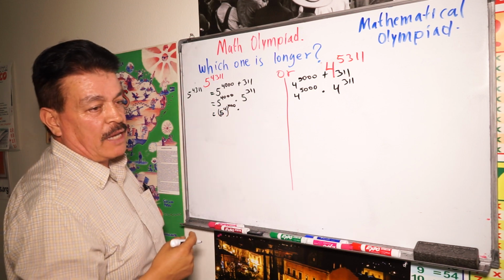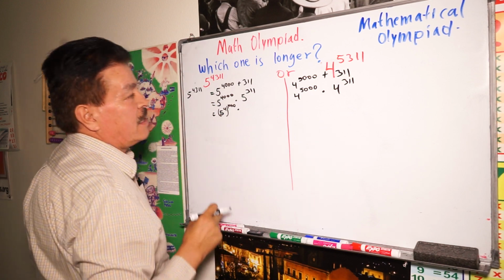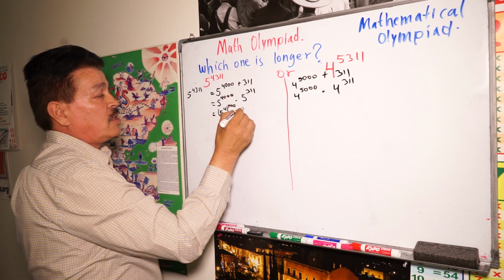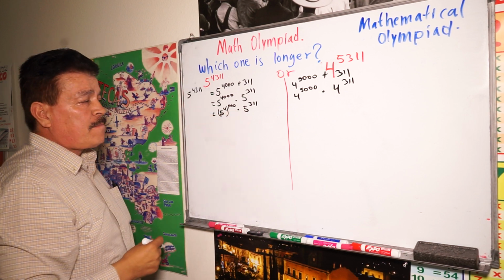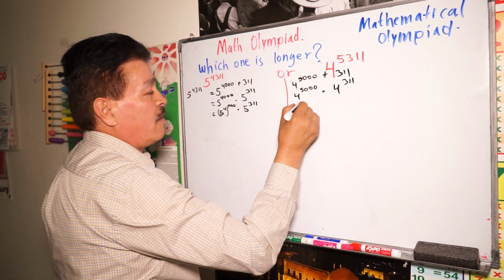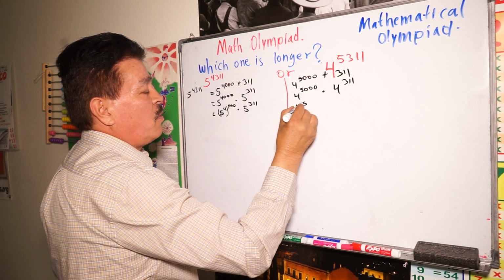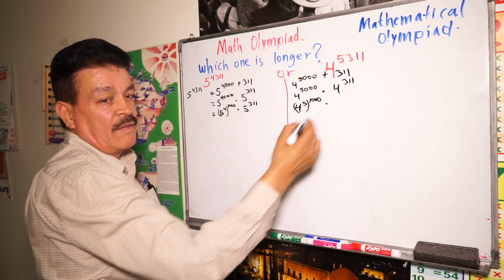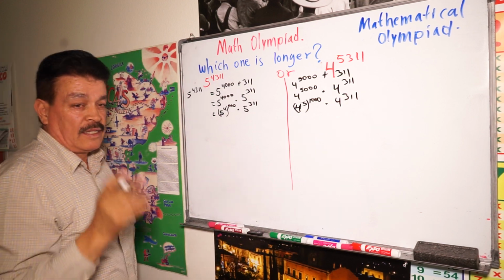You need to remember the exponent rules; I don't want to write them here. On the other side we have 4 to the 5th power, to the 1,000 power, times 4 to the 311.